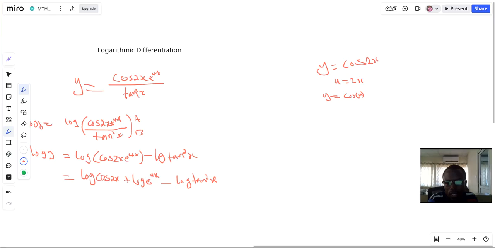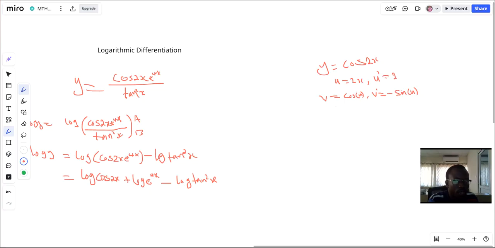Let me use v: v is equal to cos u, and the derivative of v is minus sin u, and the derivative of u is 2.